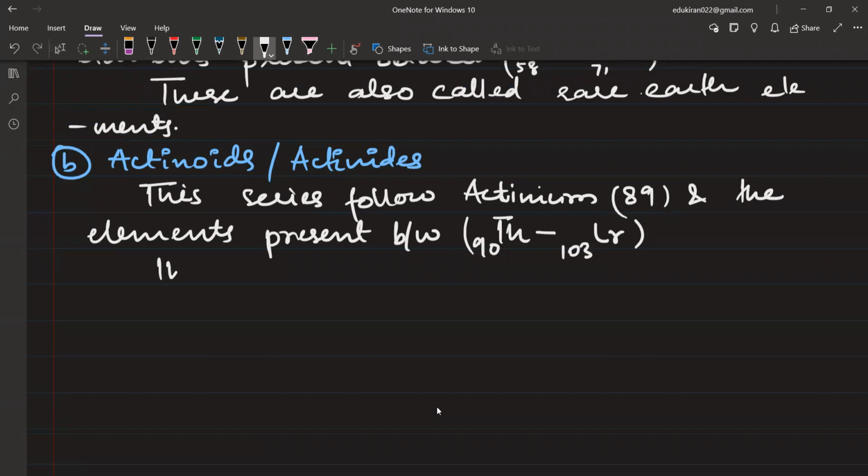We'll write next. These are radioactive elements.